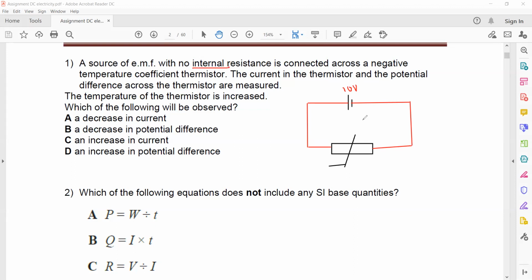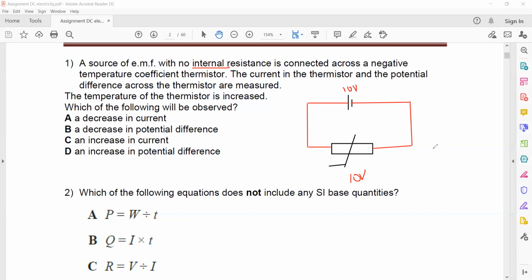If there is no internal resistance, the voltage of the supply is the same as the voltage across the component. So this will also have 10 volts. Even if I change the temperature, the resistance will change, but the voltage will not change because all of the voltage from the supply will be across the thermistor.